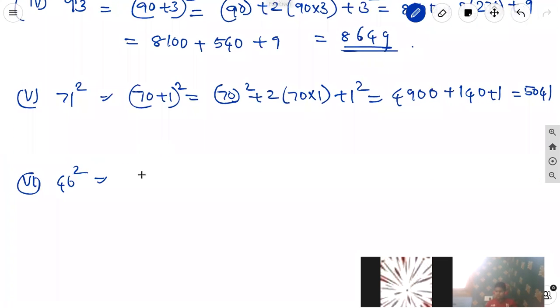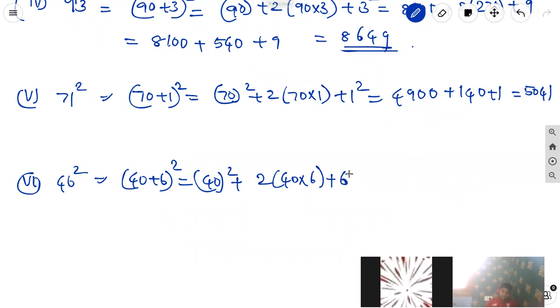Next, 46 square. 40 plus 6 whole square. First number square plus 2 into first number into second number plus second number square. 4 fours are 1600, plus 6 fours are 240, into 2, plus 6 sixes are 36.